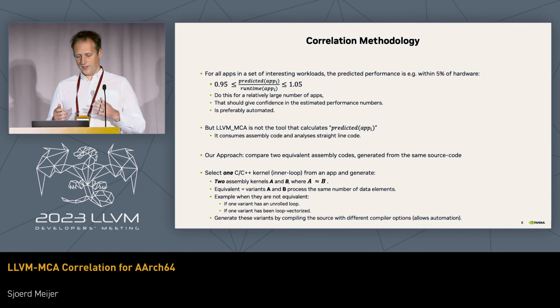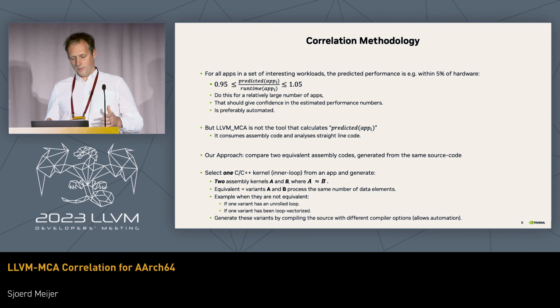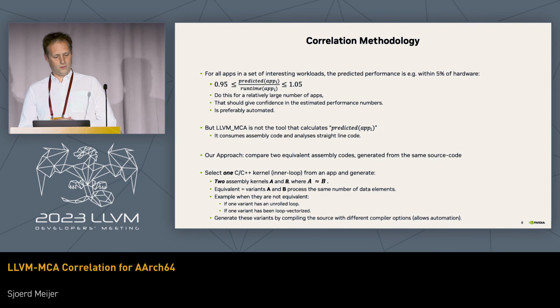So if you take the ratio of your predicted app and divide this by your runtime app, you want to be within the range of 0.95 to 1.05. You want to do this for a relatively large number of apps, so you capture a lot of different cases, and that should give you confidence in your predictions. And preferably you do this in an automated way.